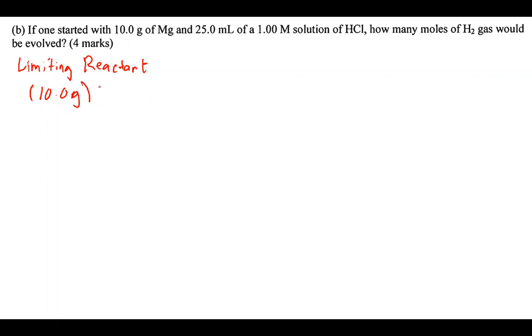To convert 10 grams of magnesium to moles, we need the atomic mass of magnesium, which is 24.305 grams per 1 mole.